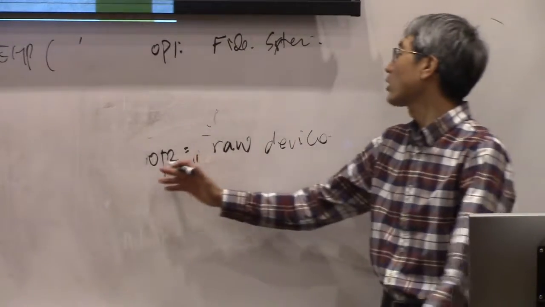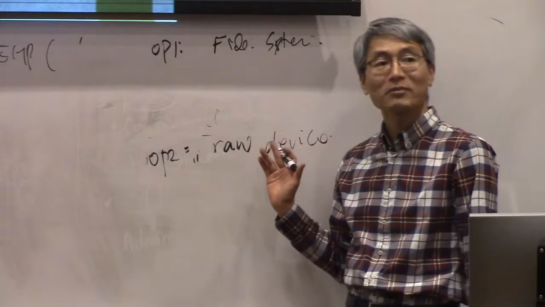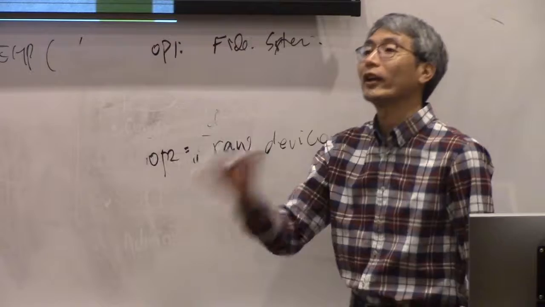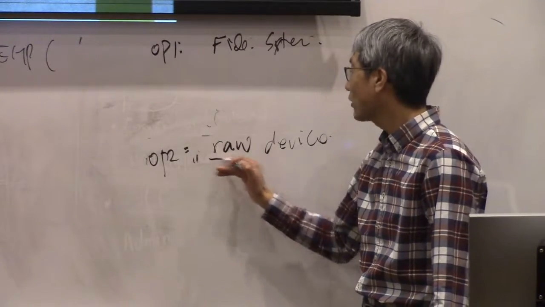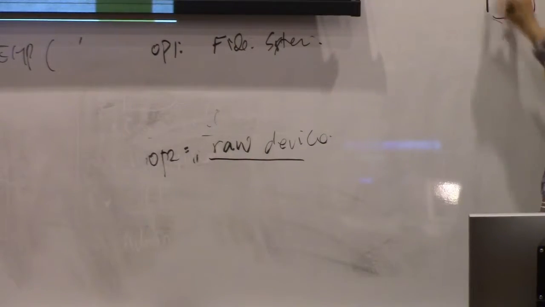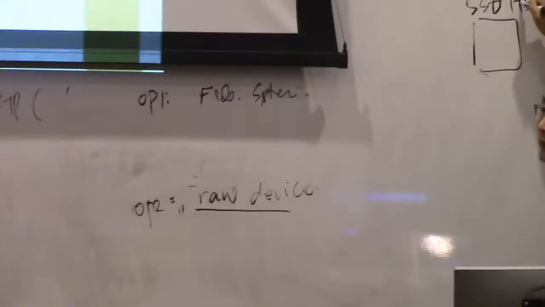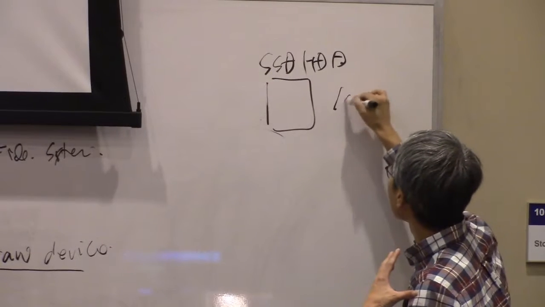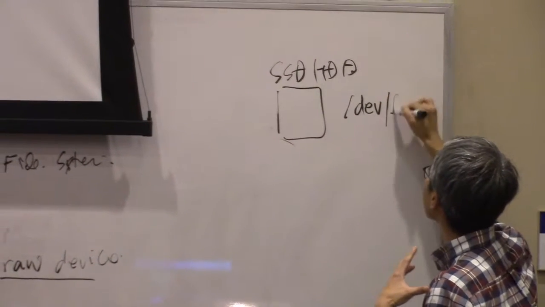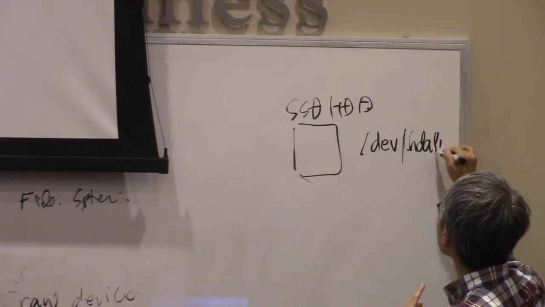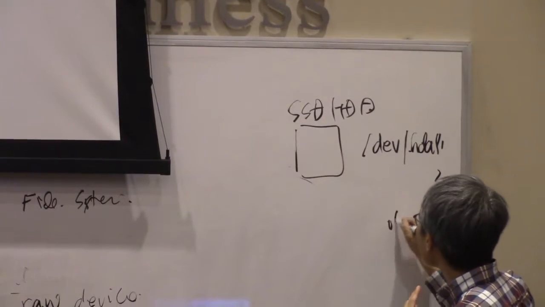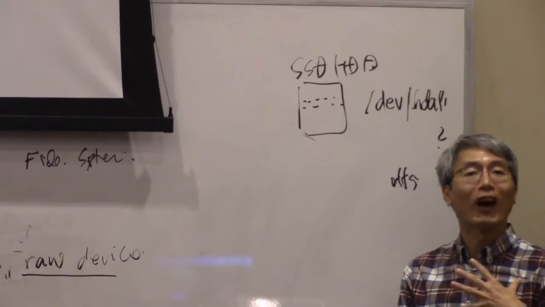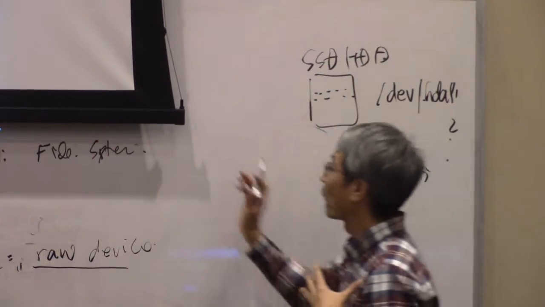Among the system library, most operating systems provide how to write the data and how to read the data. You can directly write the data to the SSD or hard disk drive. From the operating system point of view, it's viewed as something like /dev/hda1, 2. And using an offset, you can write the data directly without using the file system.